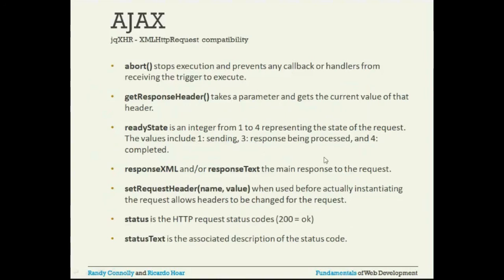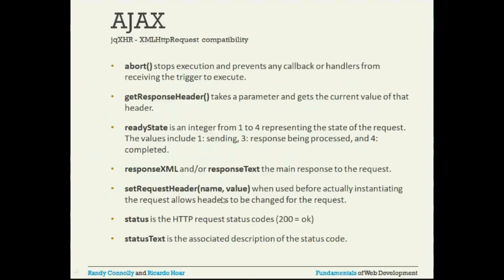So when you make a request, it captures the request state. If it is 1, it is sending. If it is 3, the response is being processed. 4 means it is completed. responseXML and/or responseText hold the main response to the request. Whatever is the main response, that information will be available here.